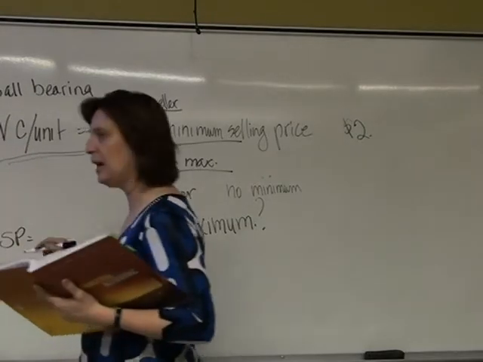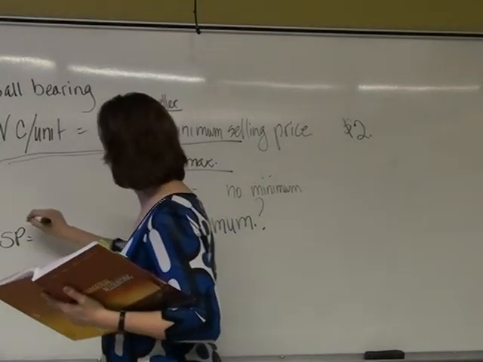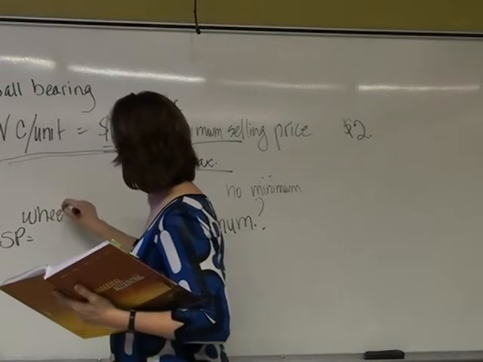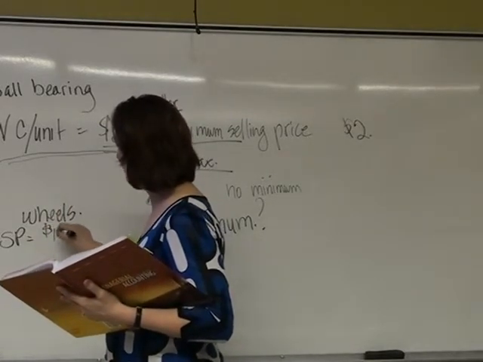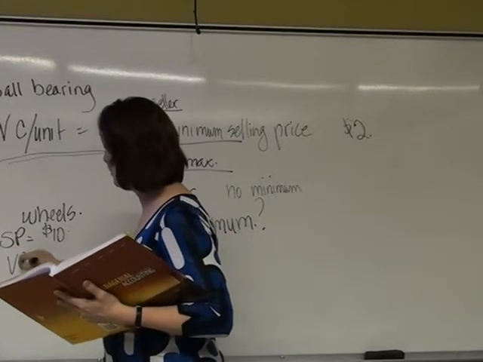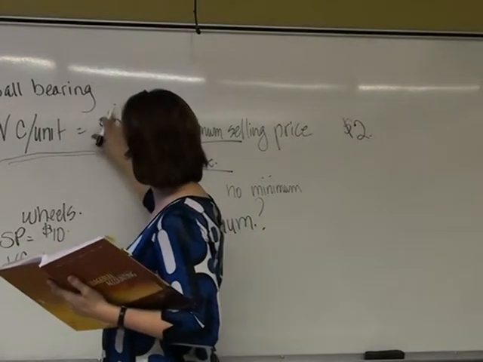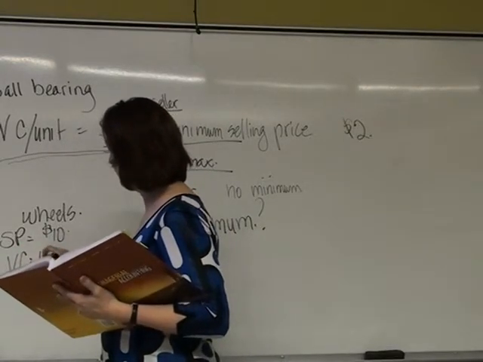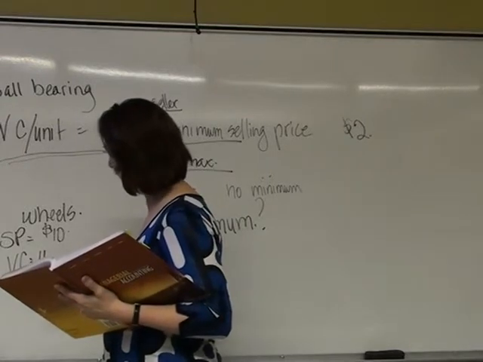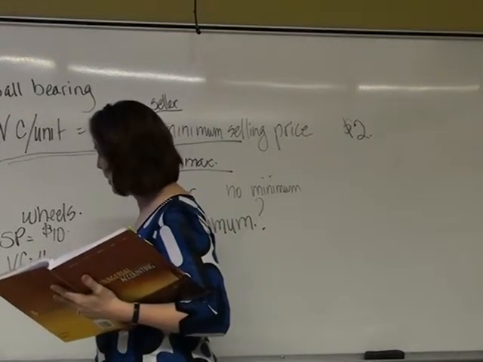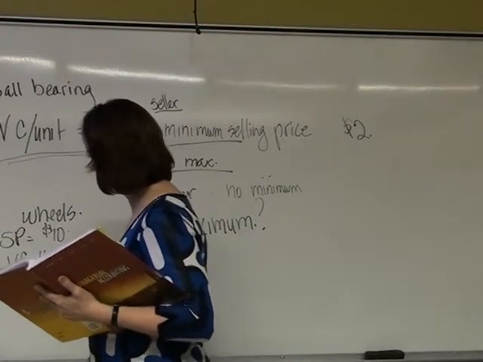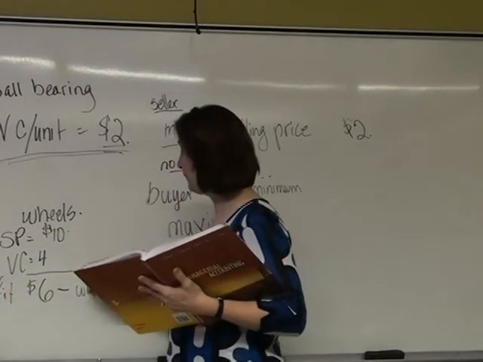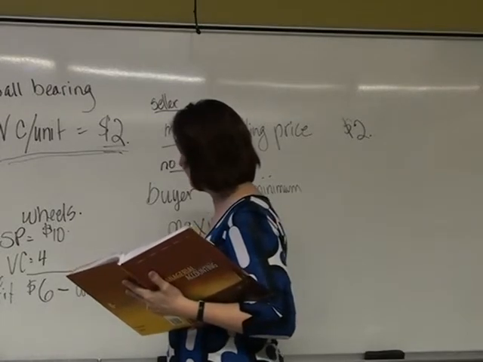Let's say I can sell the wheel, let's say I make wheels. And I can sell my wheels for $10. And my variable costs, without including this, are $4. So my profit is equal to $6 minus what I pay for the ball bearings.